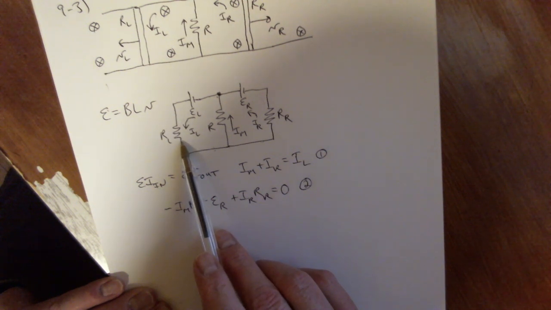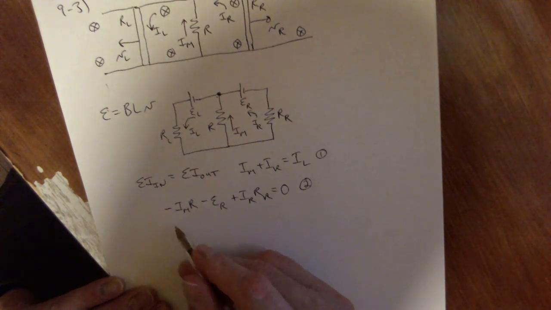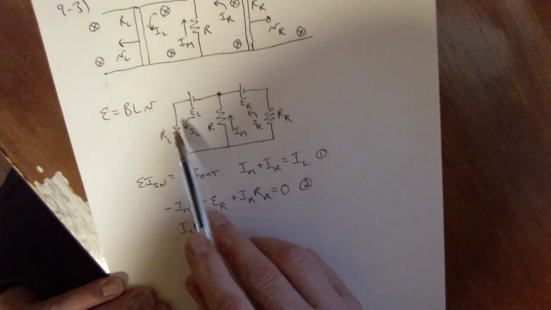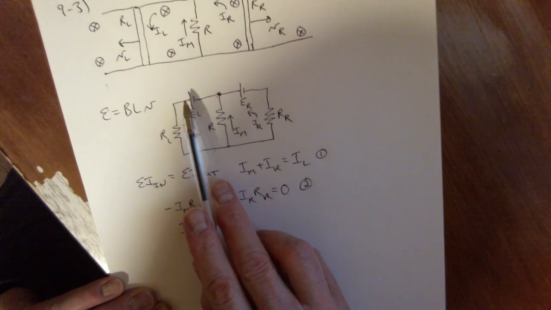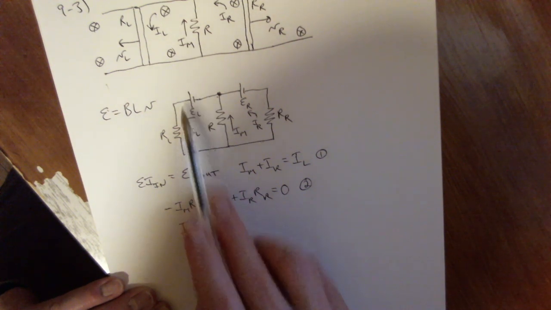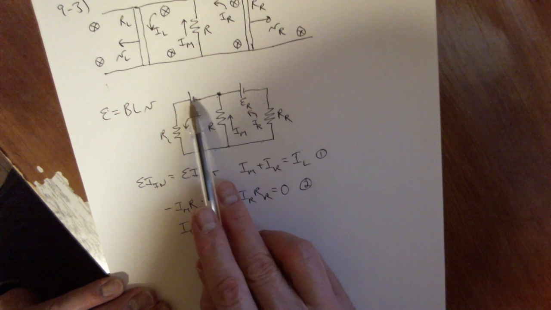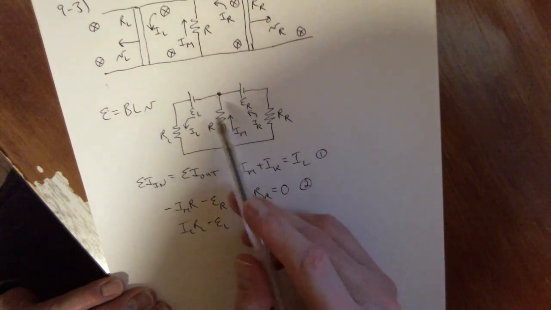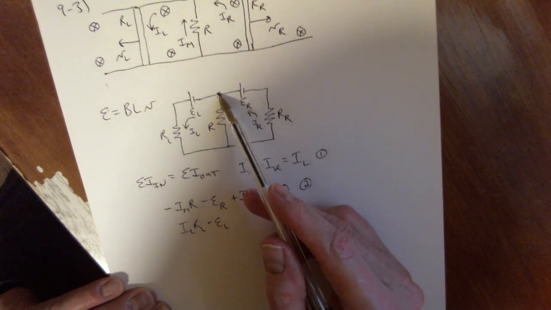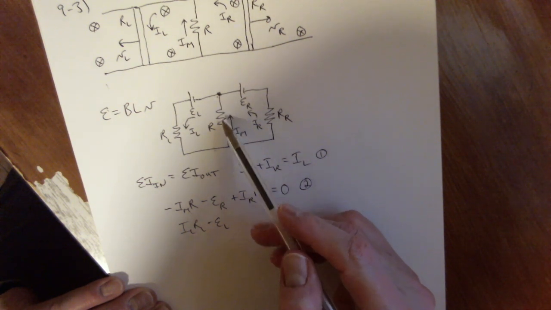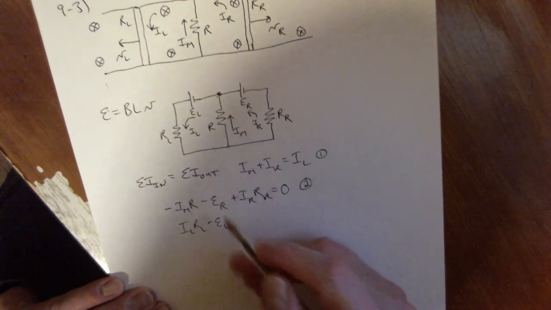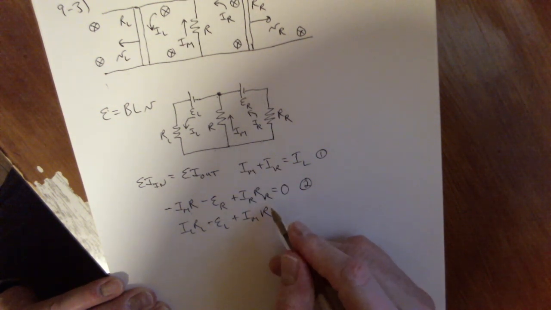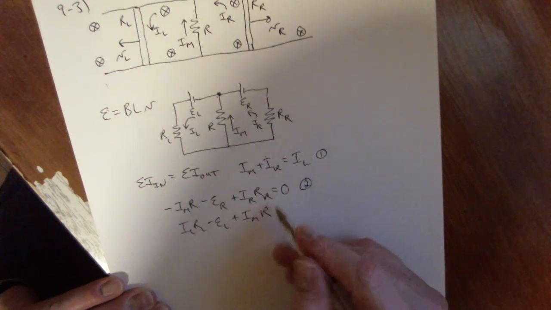So I'm going to have a term plus I left R left. I'm going from positive to negative because I'm going clockwise. I'm going like this. So I'm going down, so minus EMF left. And then I'm going against the current in the middle, so plus I middle R. And that brings me back to where I started, so that equals 0.